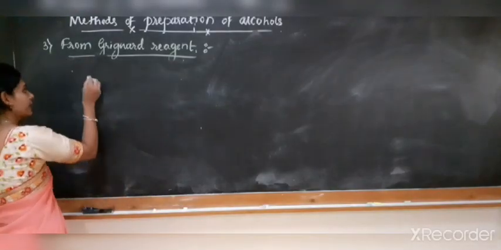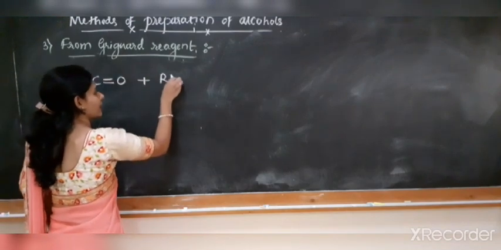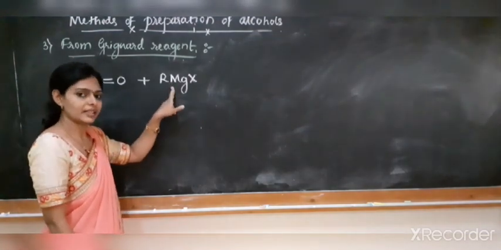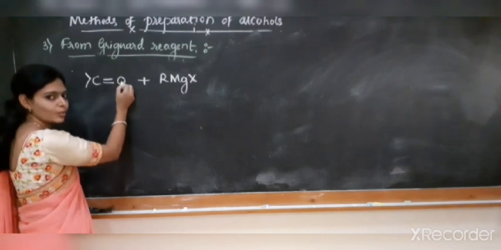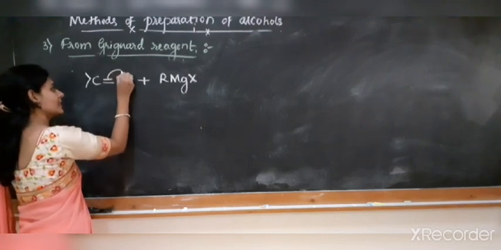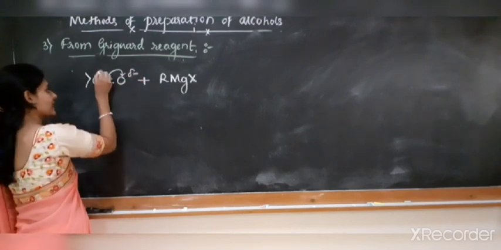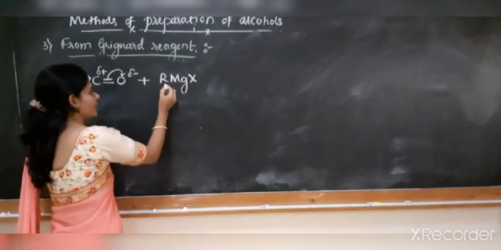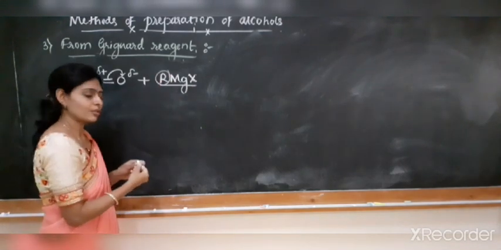The carbonyl compound is treated with Grignard reagent, that is, alkyl magnesium halide. In the carbonyl compound, oxygen is more electronegative, so it withdraws electrons from the pi bond and carries a partial negative charge, whereas carbon becomes electron deficient and carries a partial positive charge. Now in this species, the alkyl group has more electron density.